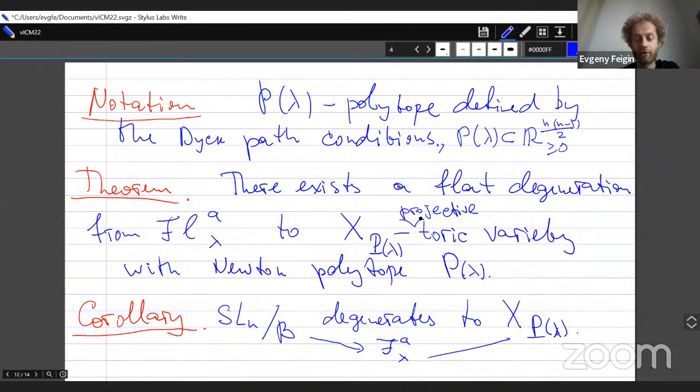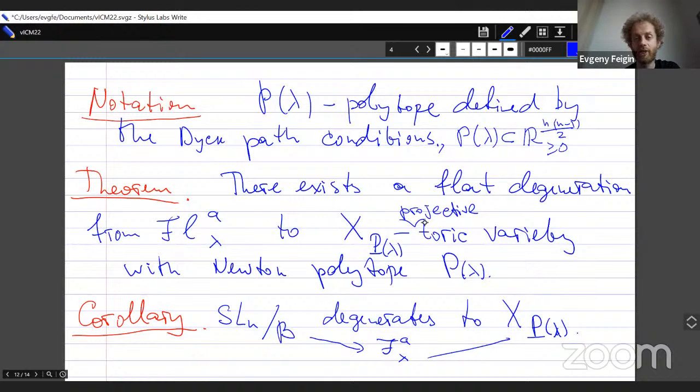So far we have no connection between the flag variety and this toric variety, but it turned out that actually there is a flat degeneration from this F lambda A to X P of lambda. And this toric variety actually is rather nice. We can describe it since we have an explicit form for this polytope.